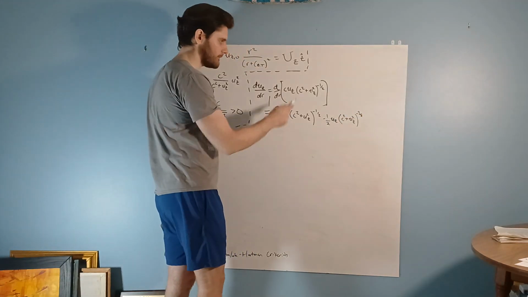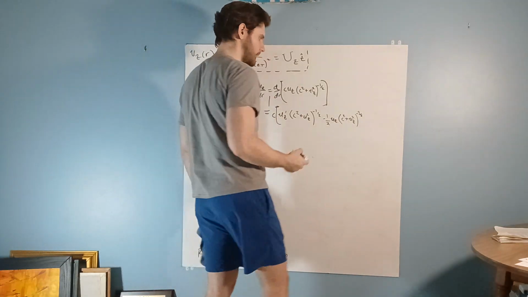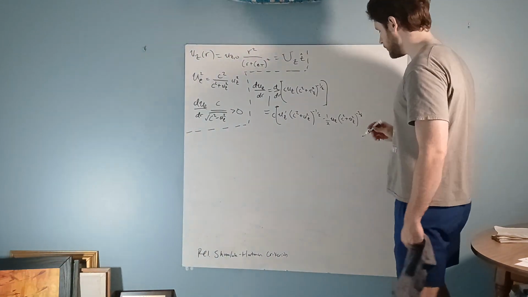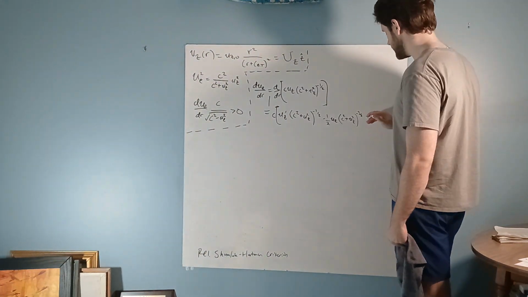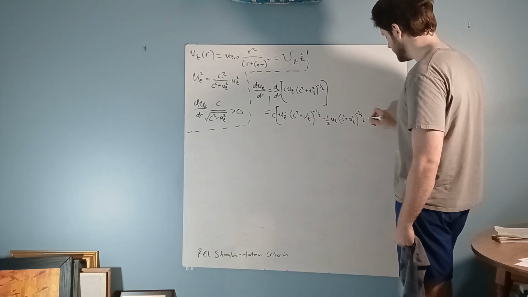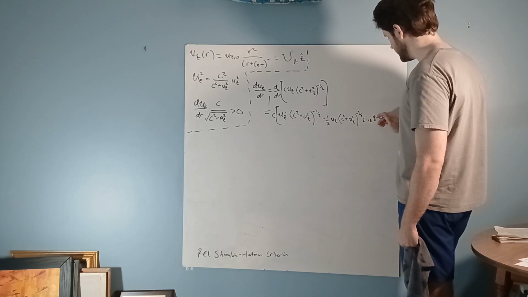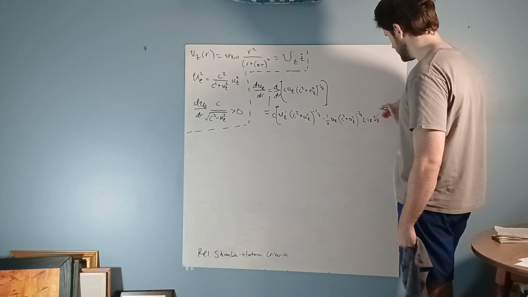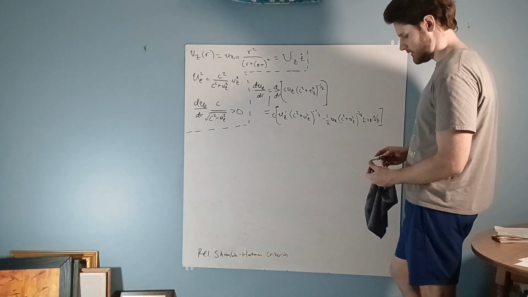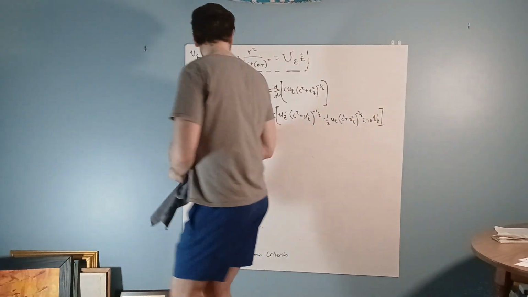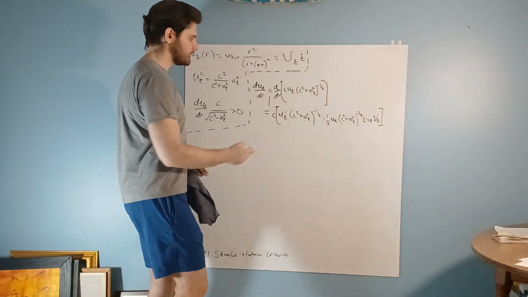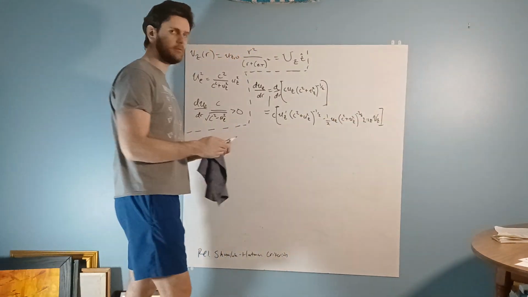And then remember the chain rule as well. What's the derivative of UZ squared? It's 2UZ times the shear of UZ. Okay? Well, that's nice. And this is really nice because we have a factor of UZ prime in both.